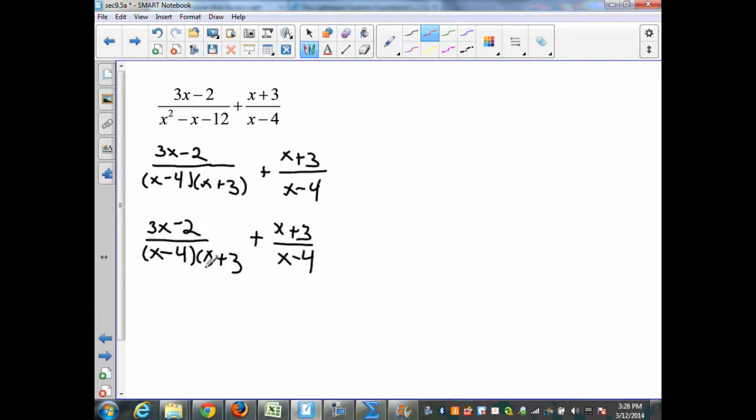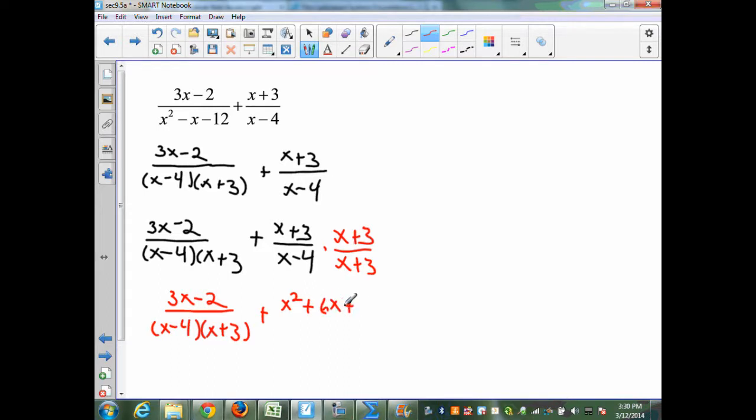I already have the common denominator here, so now all I need to do is multiply this fraction by x plus 3. And when I do, that gives me (3x minus 2) over (x minus 4)(x plus 3) plus, here I can FOIL, which will give me x squared plus 6x plus 9 over the common denominator, which is (x minus 4)(x plus 3).